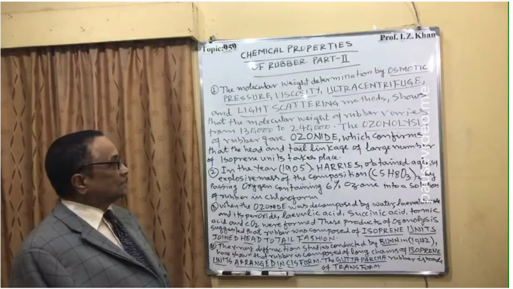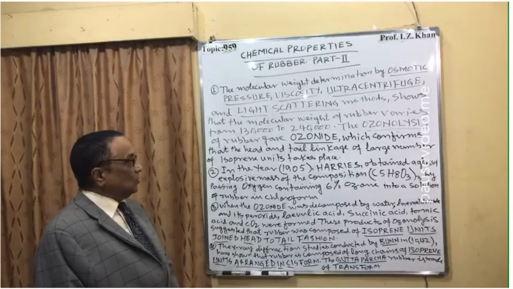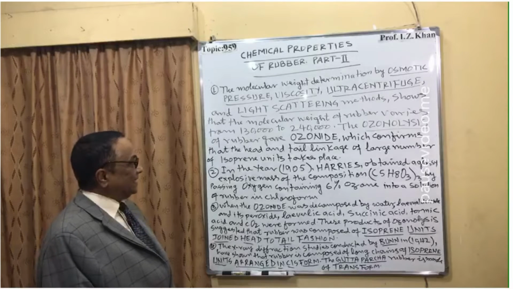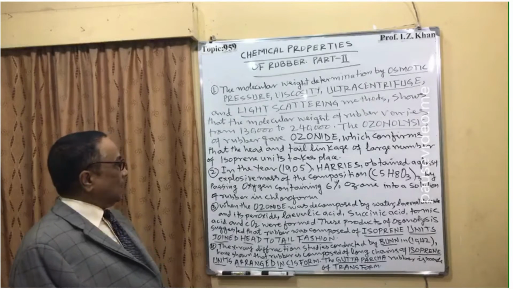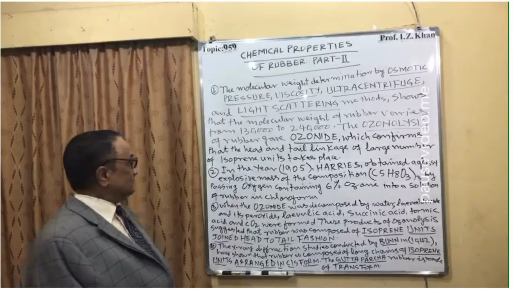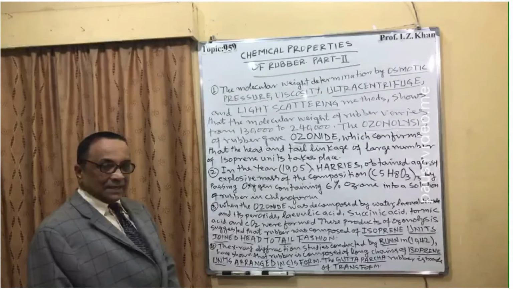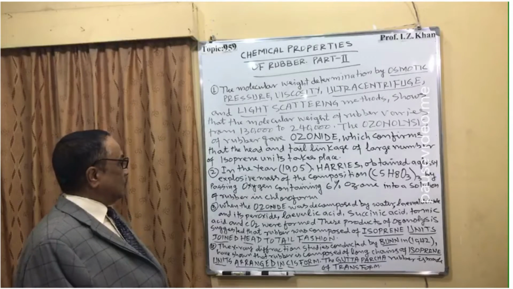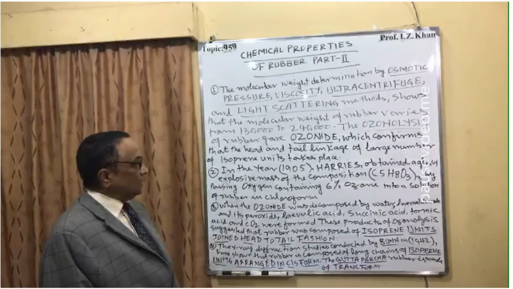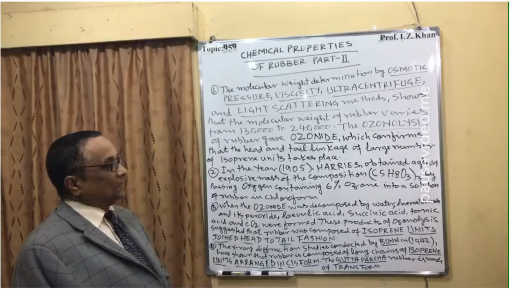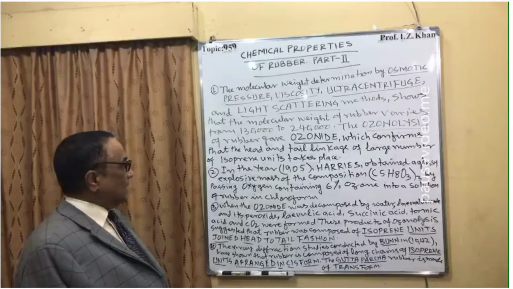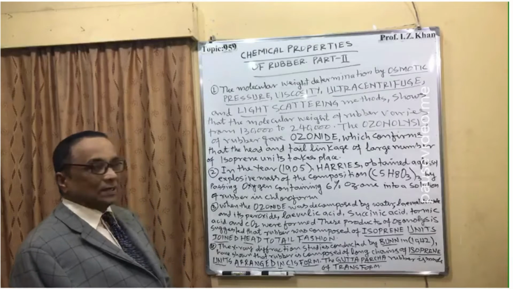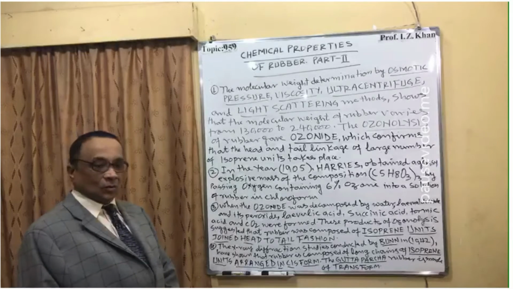The ozonolysis of rubber gave ozonoid, which confirmed that head and tail linkage of a large number of isoprene units takes place. Number 2, in the year 1905, Harries obtained a glassy explosive mass of the composition (C5H8O3)n by passing oxygen containing 6% ozone into a solution of rubber in chloroform.